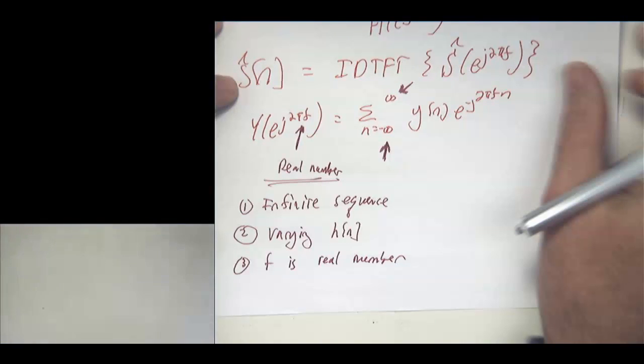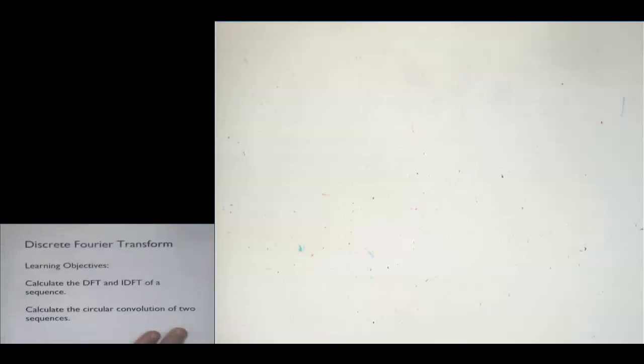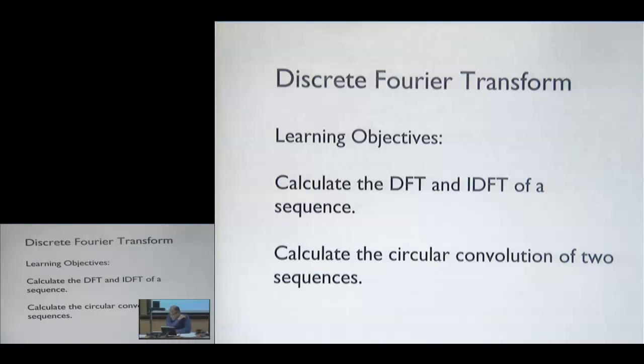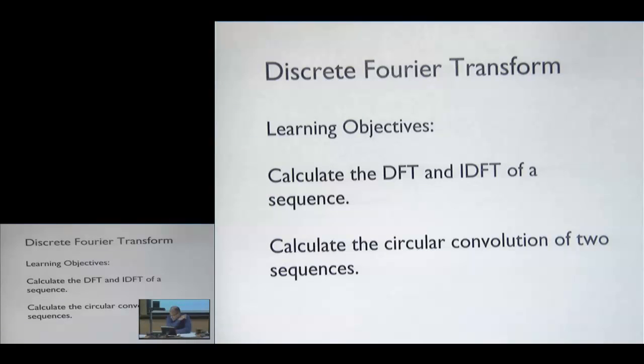So that's the motivation for using the DFT here. Now we're going to talk about the discrete Fourier transform. This is the one transform that was in Chapter 1 that we didn't cover because we didn't need it at the time. So we're going to talk about it now. You should be able to calculate the DFT and IDFT and use this concept of circular convolution to convolve two sequences.